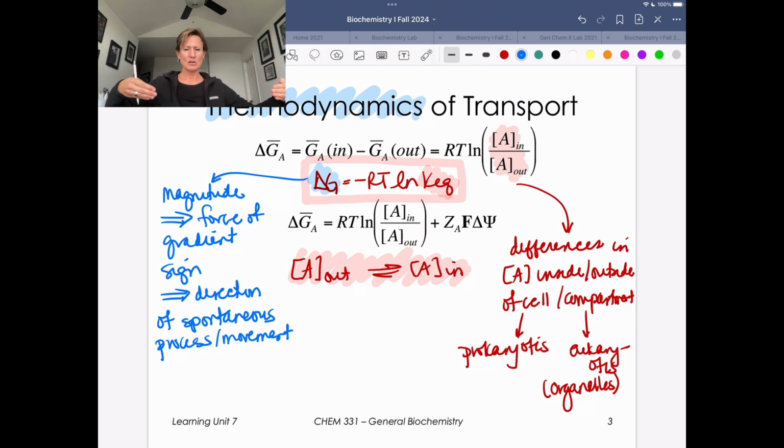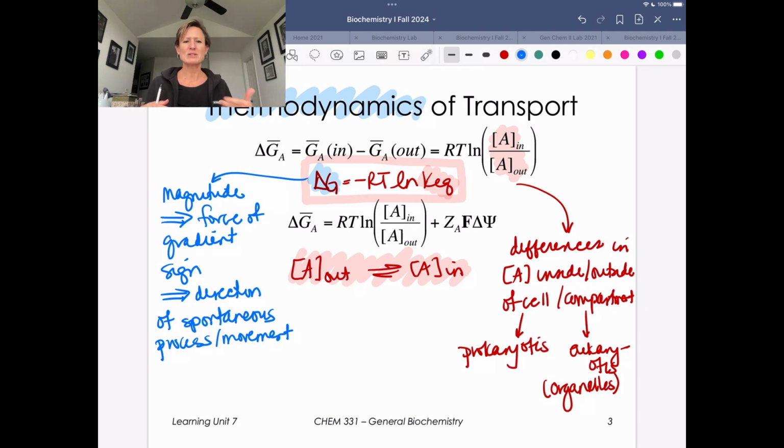If I've got a slingshot that I'm pulling in this direction and I'm facing my products, and I'm talking about the movement of A, it's going to be moving A in. If A is my product and delta G is negative, that's going to be a spontaneous process to move A in that direction.